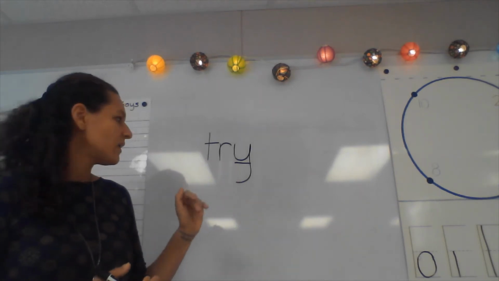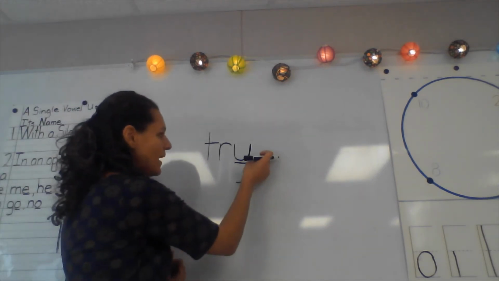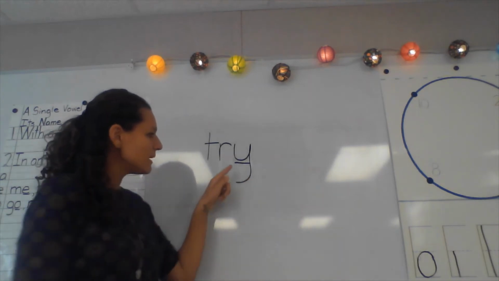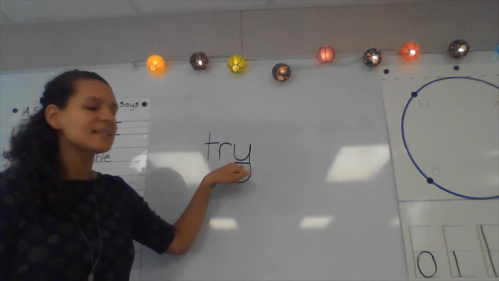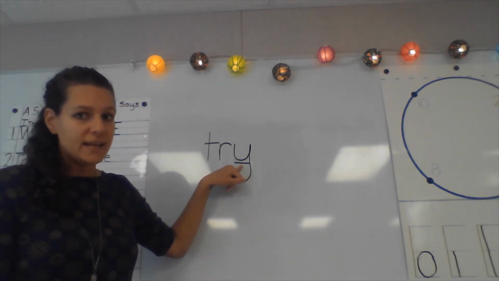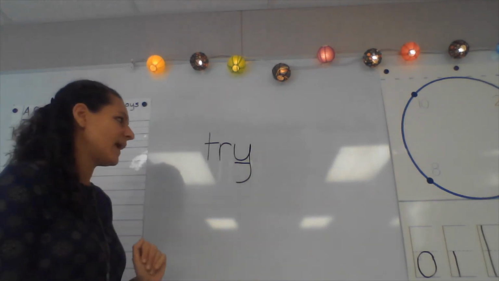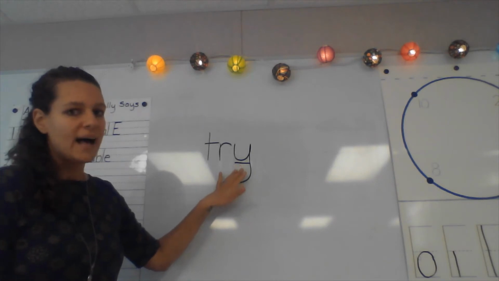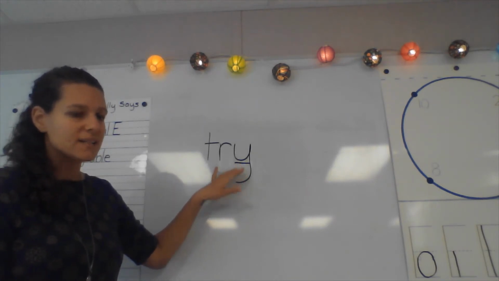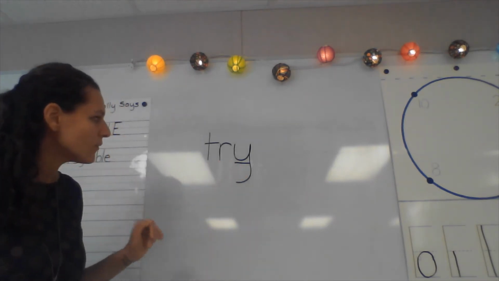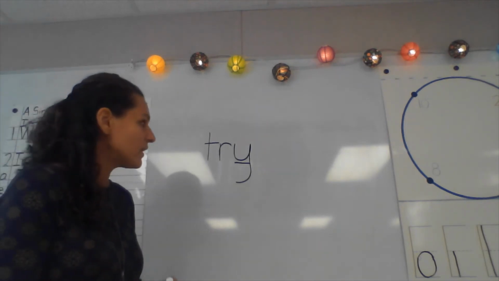But then when we can't use the I, we would use the Y instead. But we treat it pretty much the same. When this says I, we would underline it. And we'll see later too, when our I says I, we also underline it. So we treat Y and I the same if they're acting as vowels. All right, so now let's read our word.